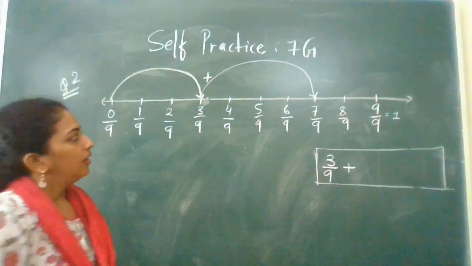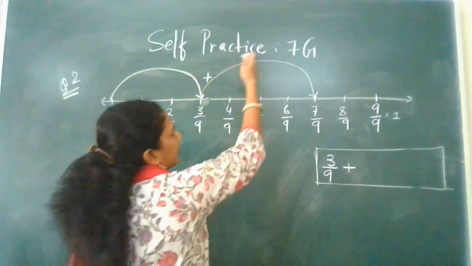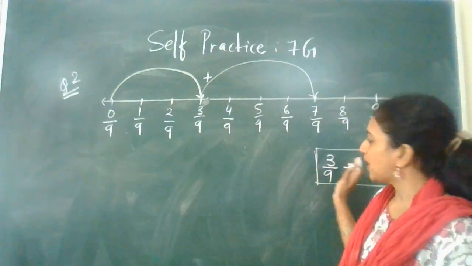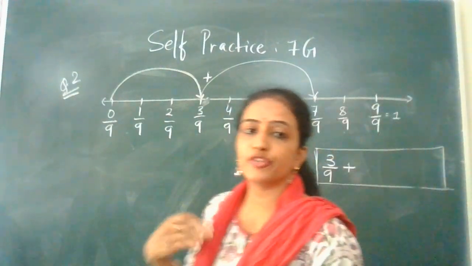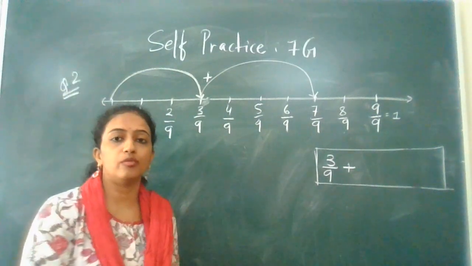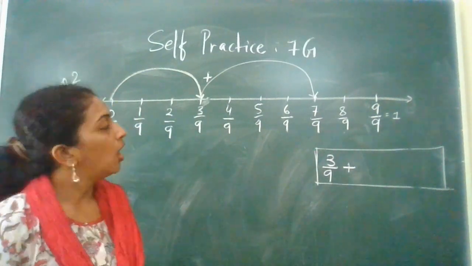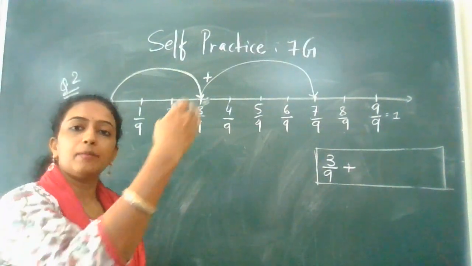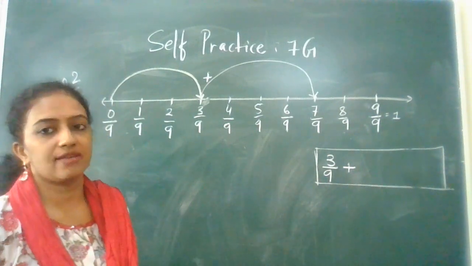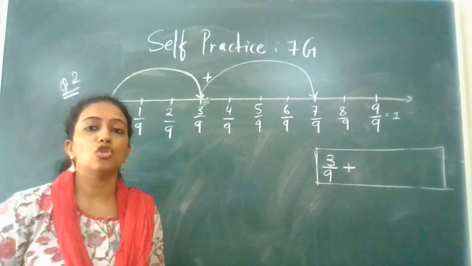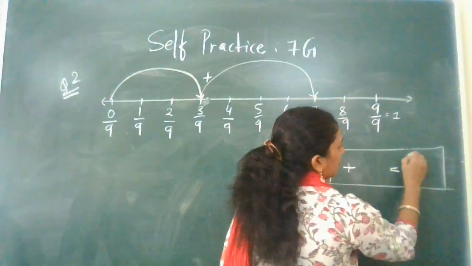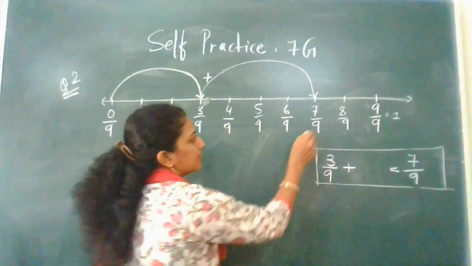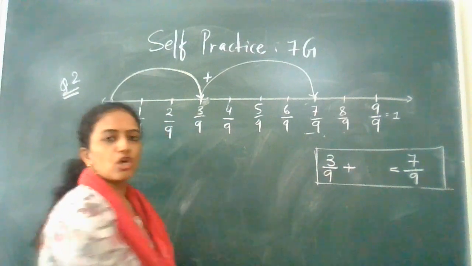Now we need the number of jumps to be taken. So let's count how many jumps we have made and reached 7 upon 9. 7 upon 9 is not your second number. 7 upon 9 is your answer, because you are reaching here.